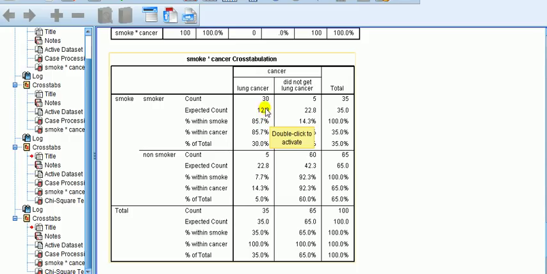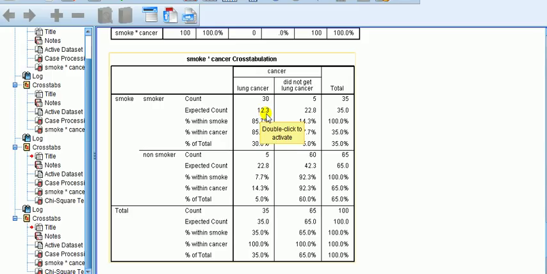So where this number 30 is, it says we observe 30 people who were smokers and had lung cancer. But if we expect there to be no relationship, if we expect the null to be true, we'd expect there to be around 12.3 people who are smokers with lung cancer. I say around because obviously you cannot get 0.3 of a person.